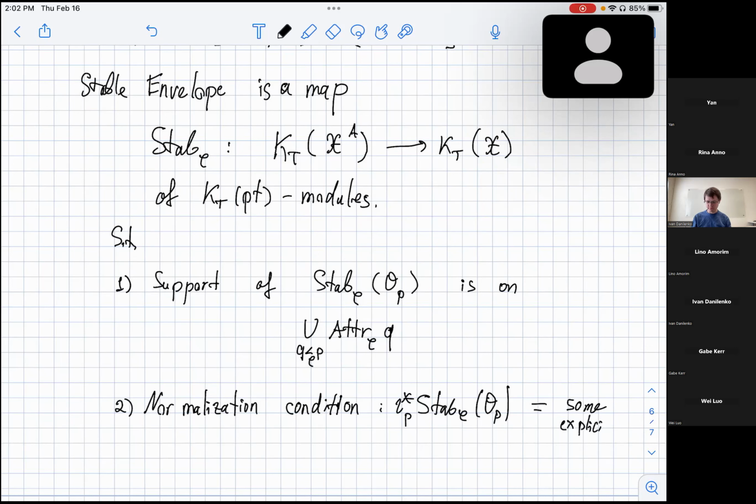Sorry, I missed the notation: it is the structure sheaf of a point, an object that lives here. Basically everything here is just a collection of these basis elements, so I'm just saying where the basis element goes. I also call this the stable envelope of the point P. To simplify notation, I'll later call it Stab_C of point P.